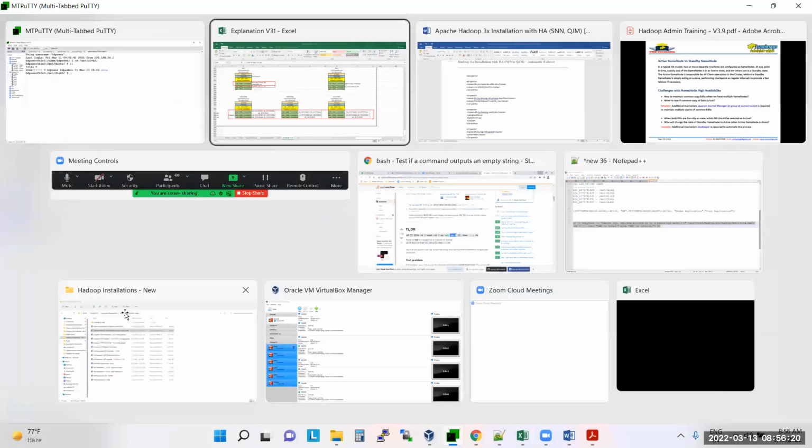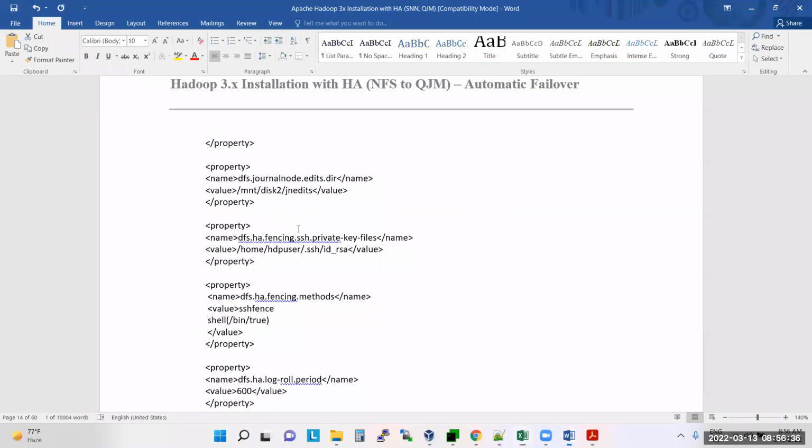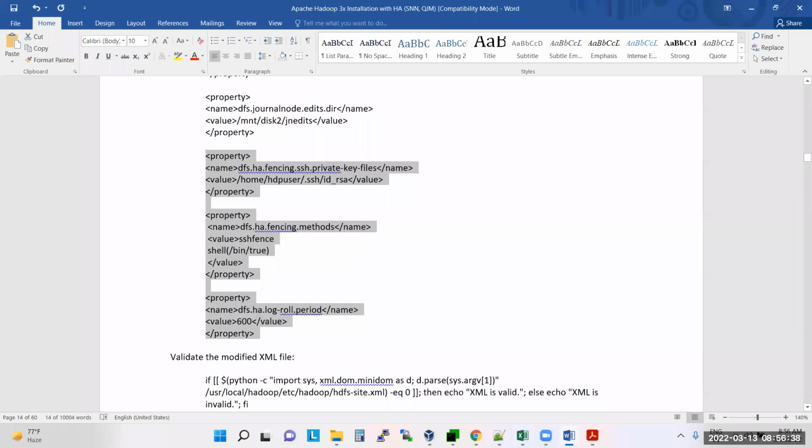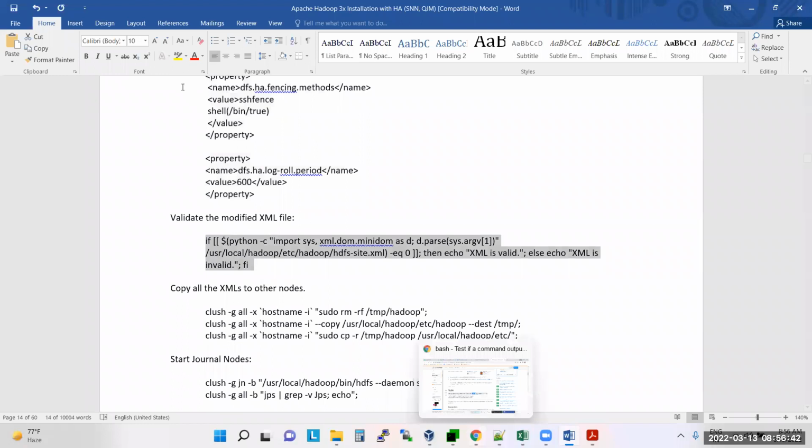In this scenario, this disk is shared between data blocks and edits. That is what I have given. I've given some properties which I will explain at later stages. Now validate the XML. XML is valid.